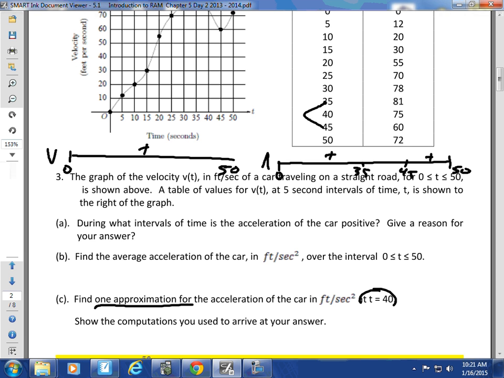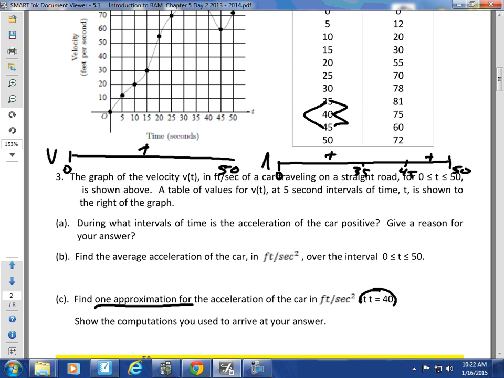You could use the secant line connecting 35 and 40, or you could use the secant line connecting 40 and 45. Any one of those three lines could be an approximation for the slope. But we don't have the slope at 45. So we don't have enough. We can only approximate it using the secant line.